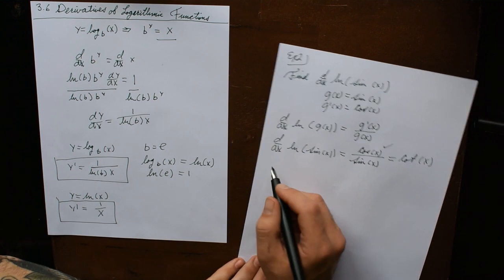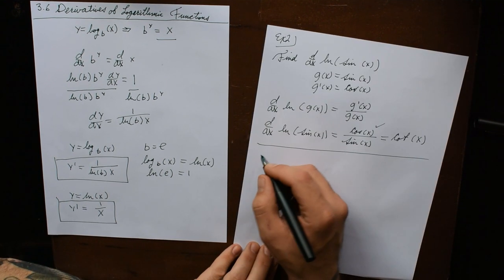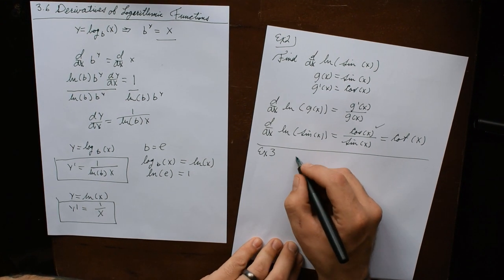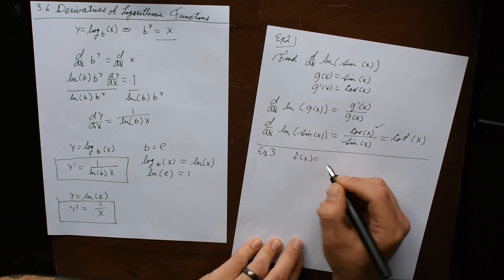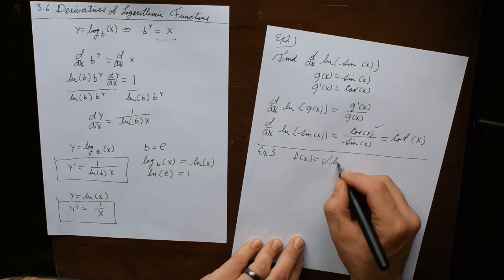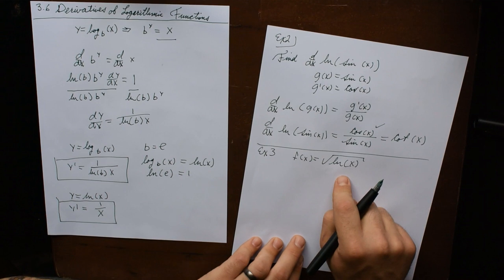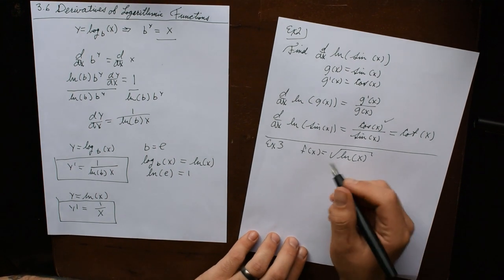For a third example, we have f of x being equal to the square root of the natural log of x. Well, this is once again a chain rule.